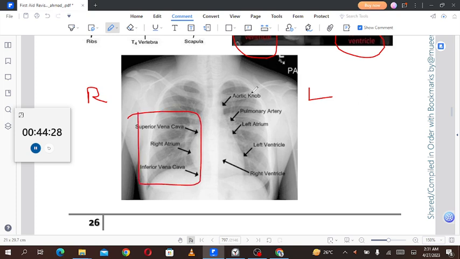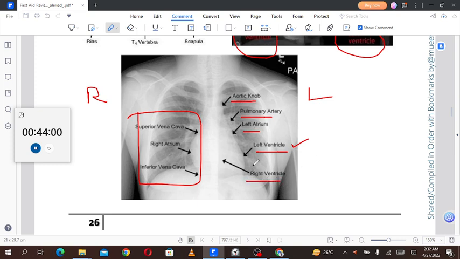On the left side, starting from above downwards, the most superior structure is the aortic knob, the arch of the aorta. This is the arch of the aorta, and we have a knob of that which is visible. Then the pulmonary artery. Then the left atrium, which forms the left border of the heart, this curvature. Then the left ventricle forms the border of the heart, and the left atrium is the most posterior structure, and its shadow is also evident.